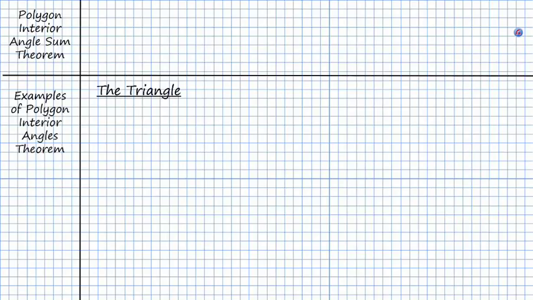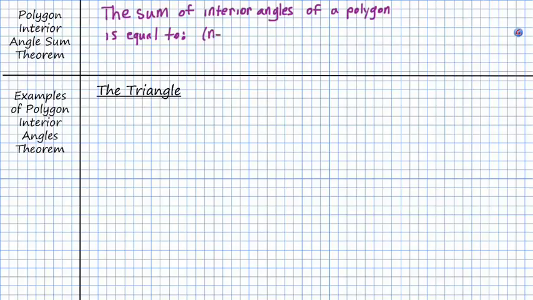And that states that the sum of interior angles of a polygon is equal to n minus 2 times 180, where n is equal to the number of sides.